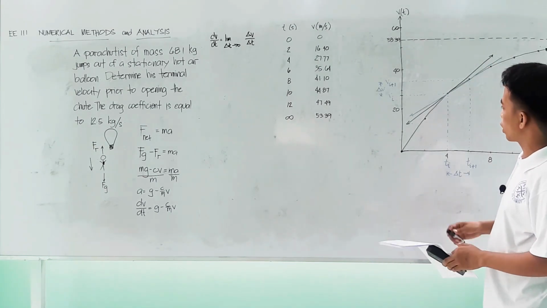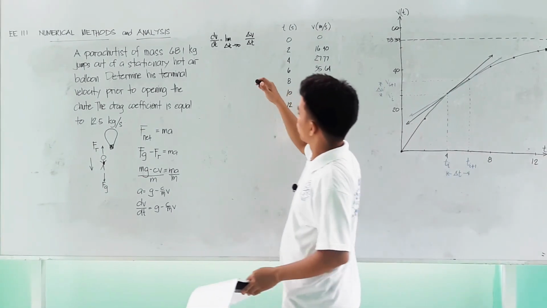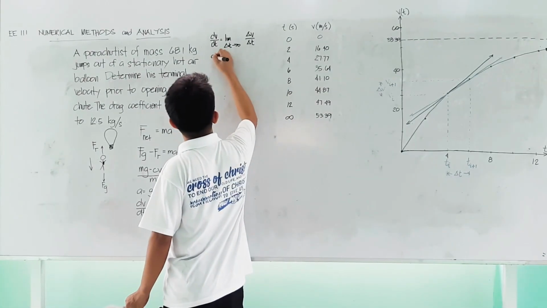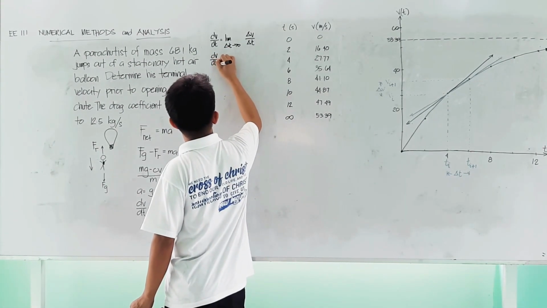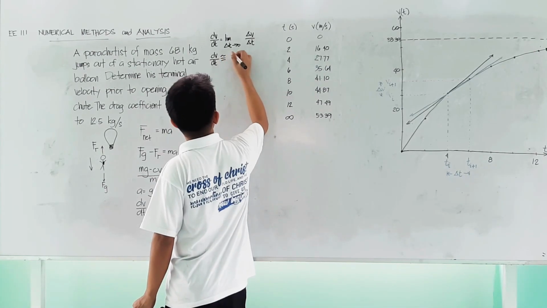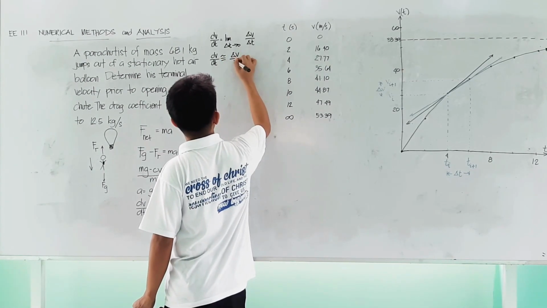Therefore, we can actually approximate dv/dt as delta v over delta t.